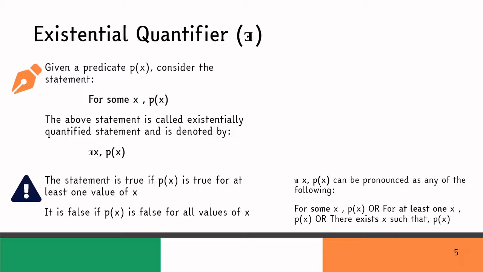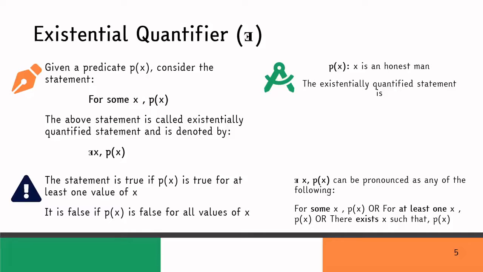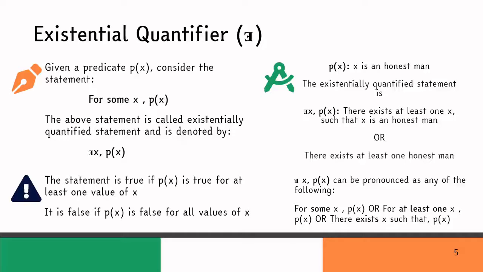To understand it better, let us consider an example. Let p of x be a statement representing "x is an honest man," and we can say the existentially quantified statement for this can be "there exists at least one x such that x is an honest man," or in simple English, there exists at least one honest man.